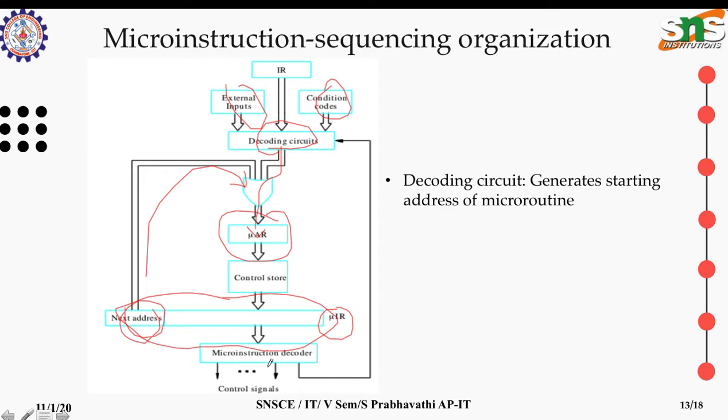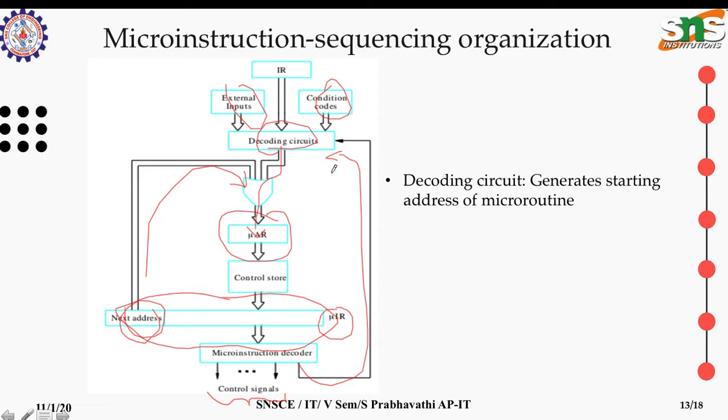The micro instruction decoder will generate the control signals for the respective instruction present in this micro instruction register, and of course some of its output is given as an input to the decoding circuit. What that output means may be some bit ordering operations, or whether the current instruction gives an input to the next micro instruction, is it not?